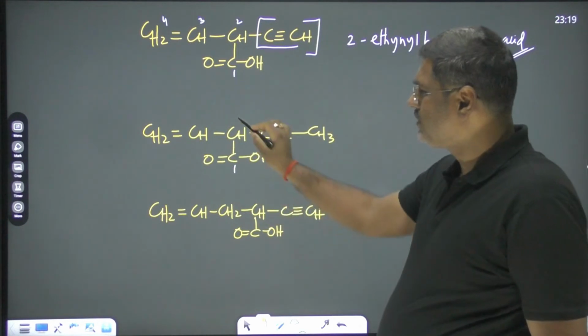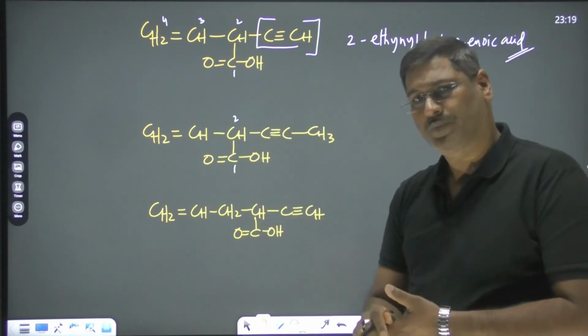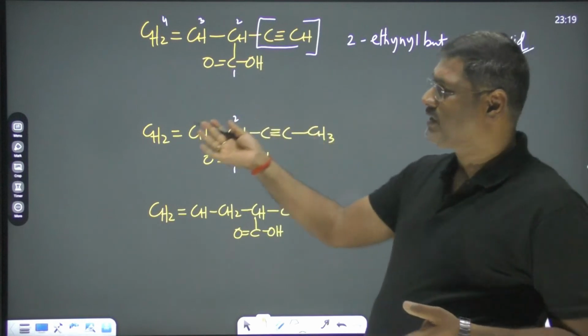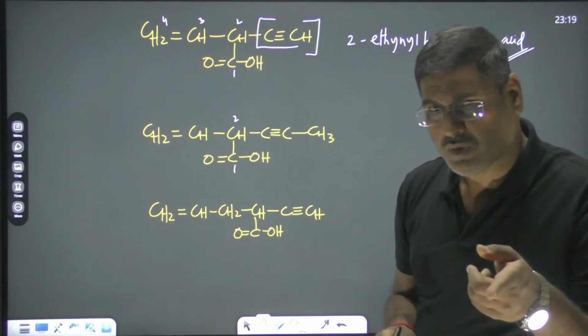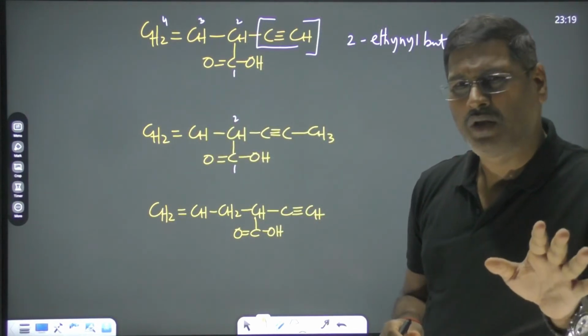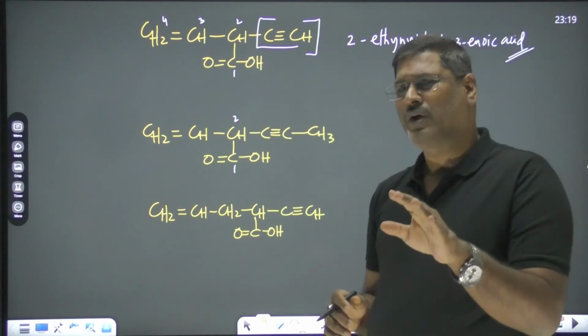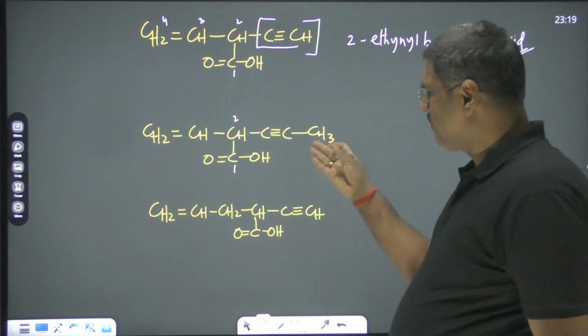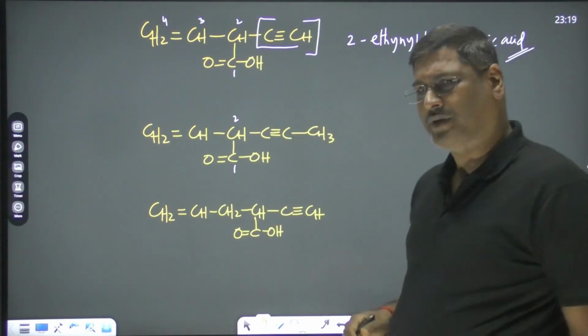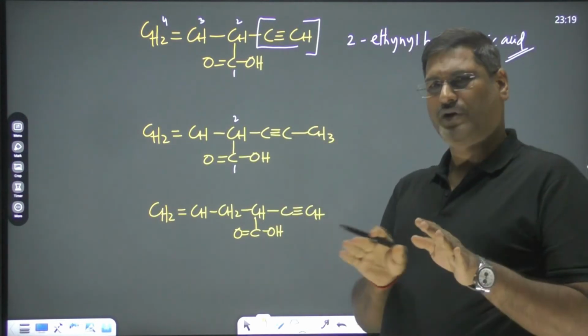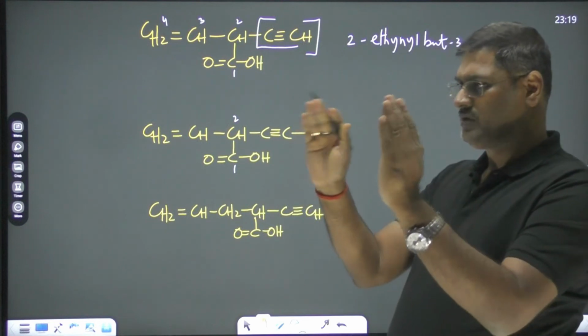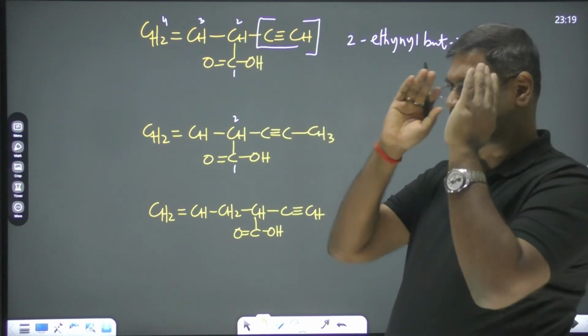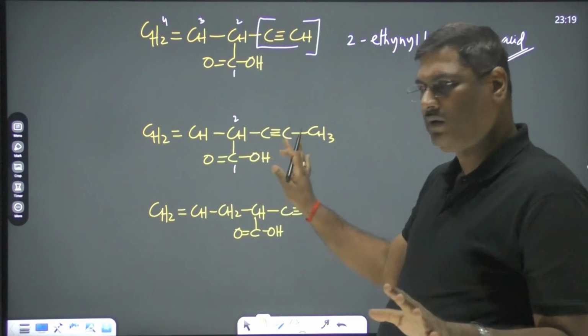This one is 1, this one 2. What way will you go? This side we have triple bond, that side double bond. Will you take here the double bond? No, no, no, no. You won't take. Because double bond is not given that much priority. Triple bond is there and more carbon atoms are there. Double bond and triple bond both are seen from the same eye, right?